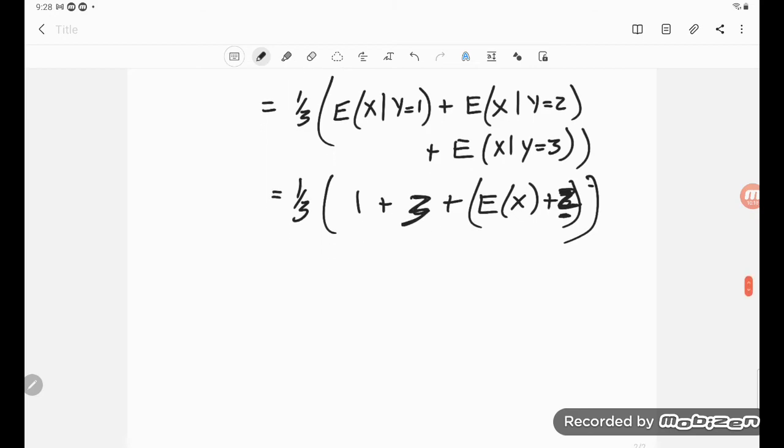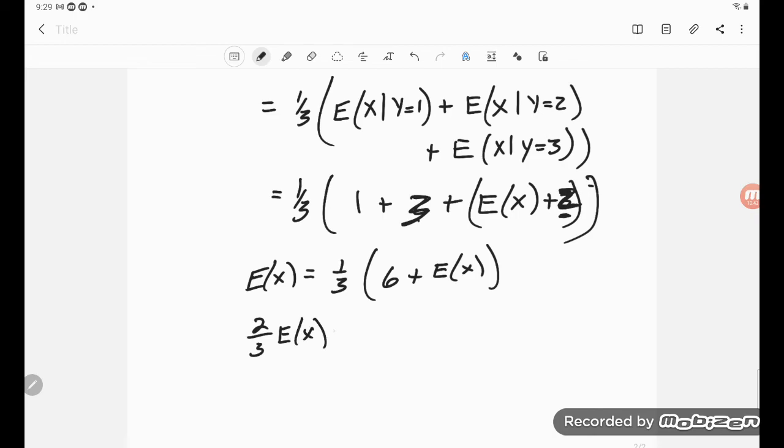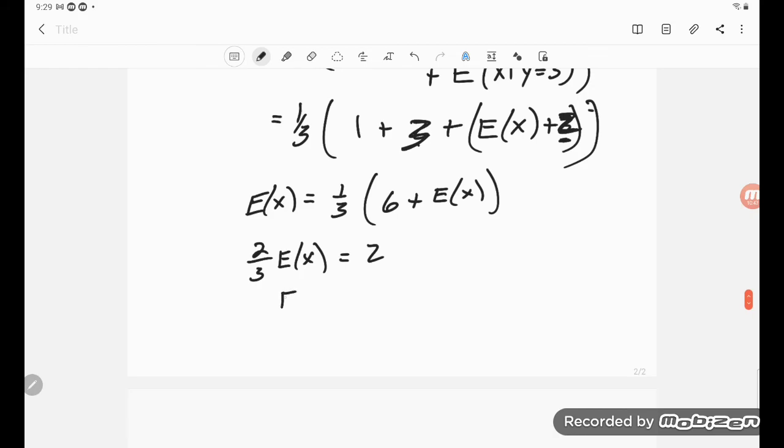Now we set up our algebra problem. The expected value of x is equal to 1/3 of 6 plus the expected value of x. So we have 2/3 times the expected value of x equals 2, and the expected value of x is equal to 3 hours.